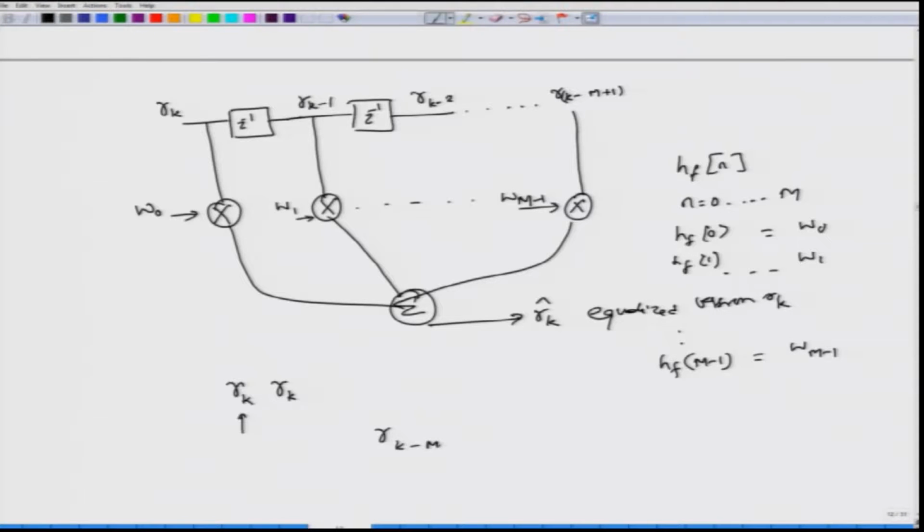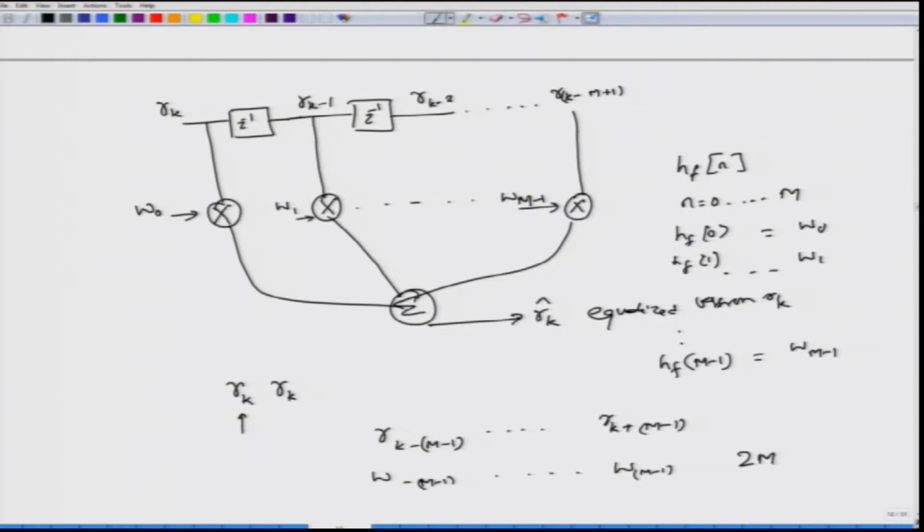So, you go from R of k minus m minus 1 all the way up to Rk plus m minus 1. So, there is a total of 2m plus 1 length tap filter that you have to consider. Which means that the corresponding W's will also be W of minus m minus 1 all the way up to W of m minus 1.